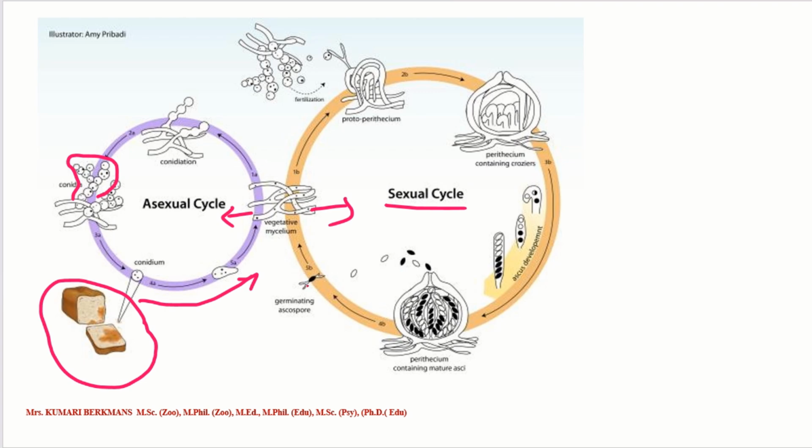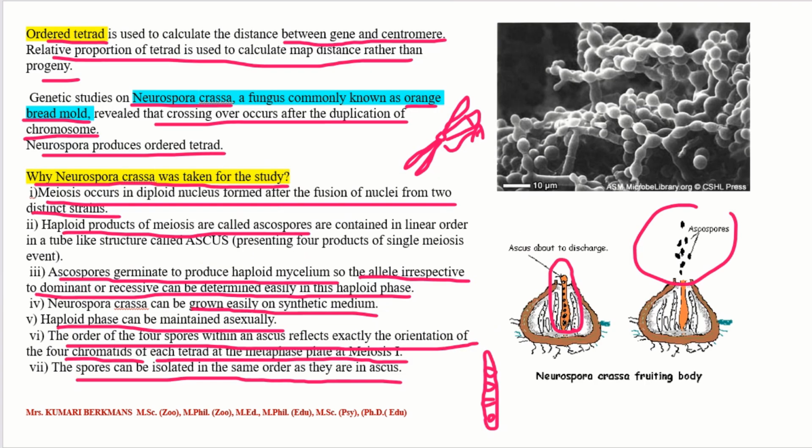These ascospores fall down, and when they get favorable conditions, they grow into a vegetative mycelium, and according to the environmental conditions, it goes through the sexual cycle or asexual cycle. Commonly it is called orange bread mold. The botanical name is Neurospora crassa.